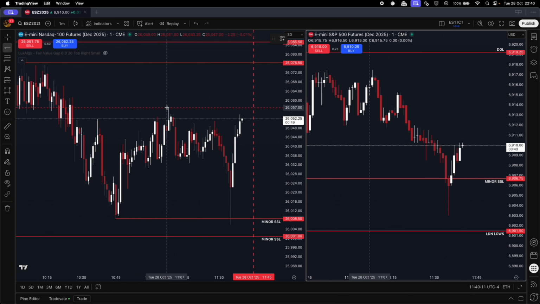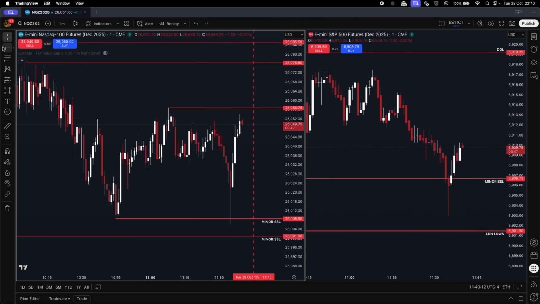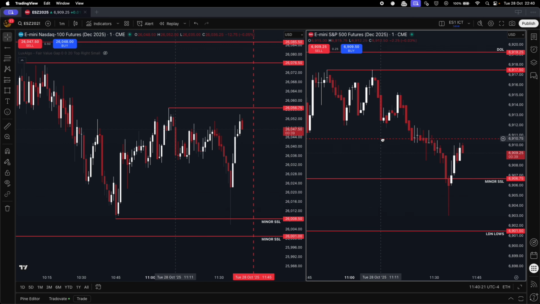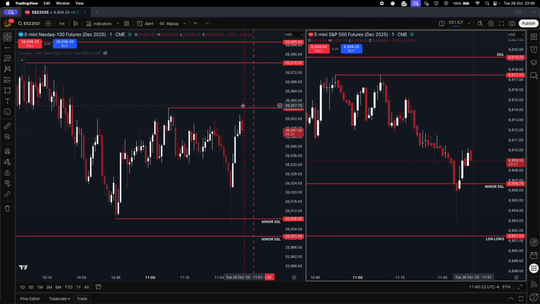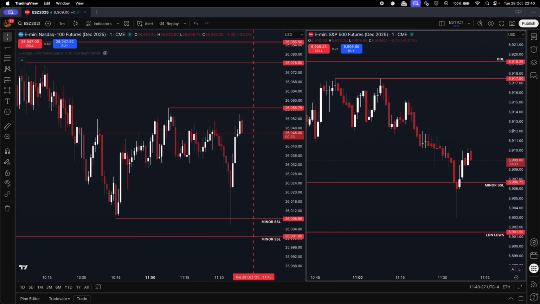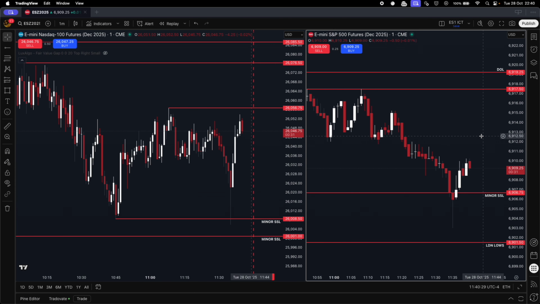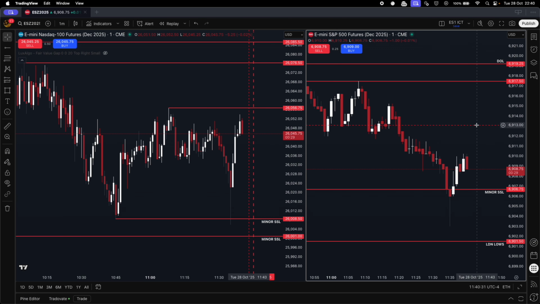We have to closely monitor this high, but as long as it doesn't get taken out, which puts us with equal highs on ES. So NQ taking this high is equivalent to ES taking these equal highs, which would then be a bearish SMT on ES. Now, currently there is no shift in market structure on ES and no fair value gap.